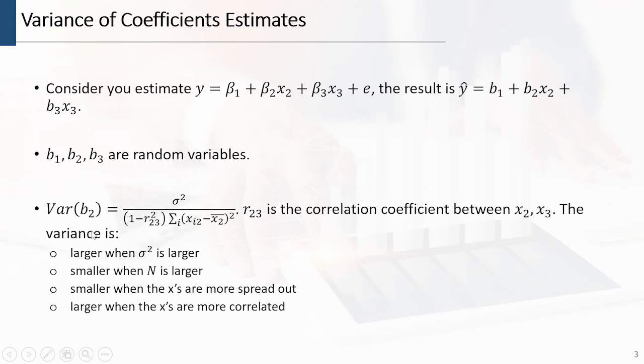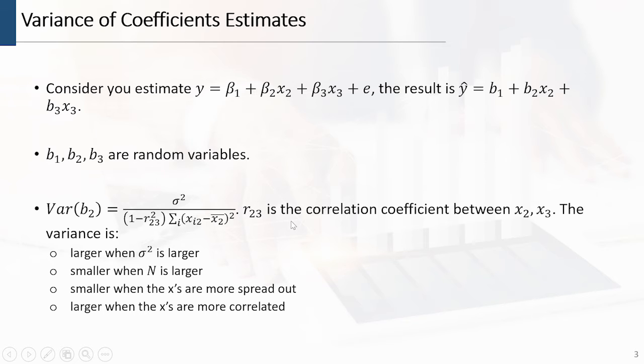You do not really need to know the specification of the equation, but the most important thing is that you should know what it means. This part, 1 minus R23 squared, is something new compared to what we studied in lecture 3. In lecture 3, the variance of b2 is just this part without 1 minus R23 squared.